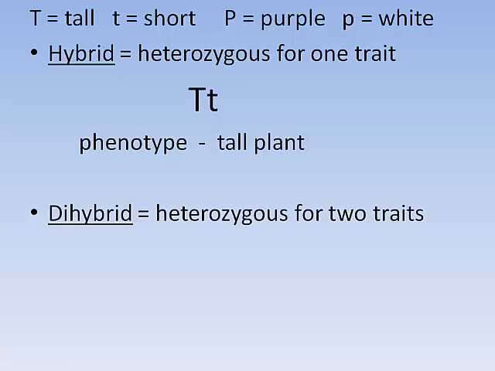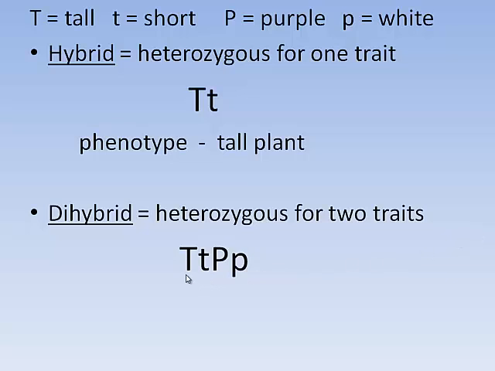A dihybrid is heterozygous for two traits. The prefix di means two. Hybrid, we learned, means heterozygous. So we are heterozygous for two traits. So what would that look like? For this particular plant, it would look like this.